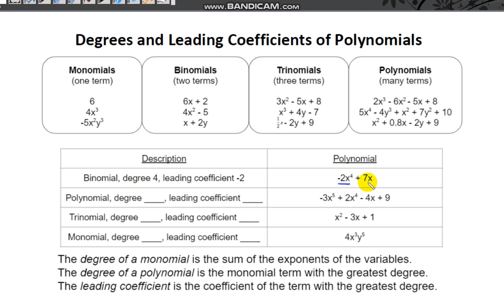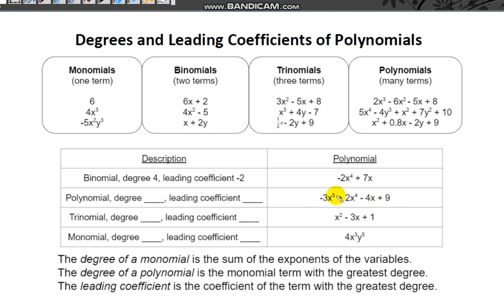The degree is 4, and the leading coefficient is the one in front of the term with the highest degree. So that would be negative 2. Okay. In this example here, we have four terms, 1, 2, 3, 4. So this would be an example of a polynomial.